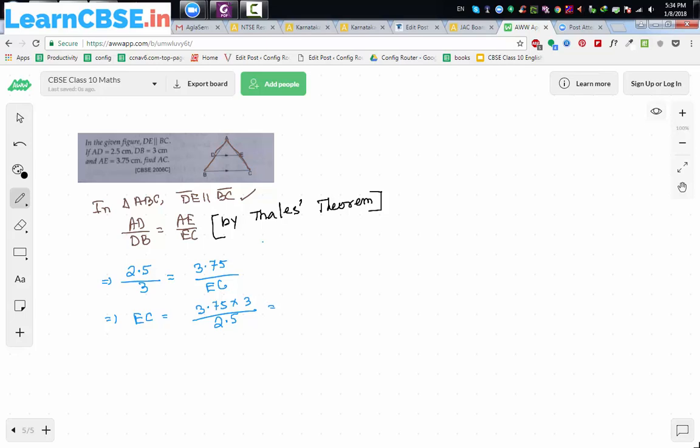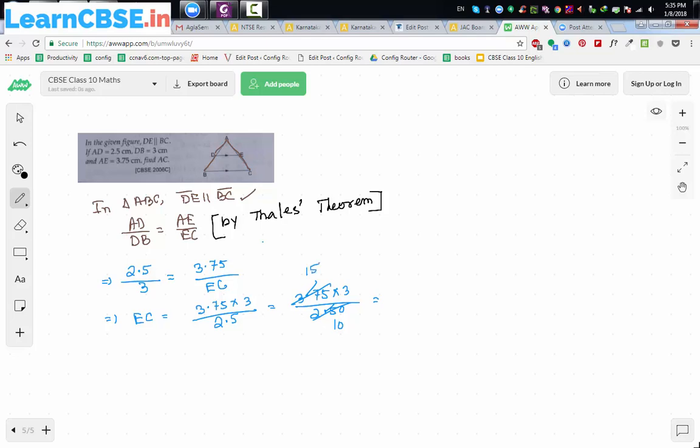So it is 3.75 times 3 divided by 2.50. You remove the decimal. Now you cancel 2 by 25, it gives you 10, and it gives you 15.